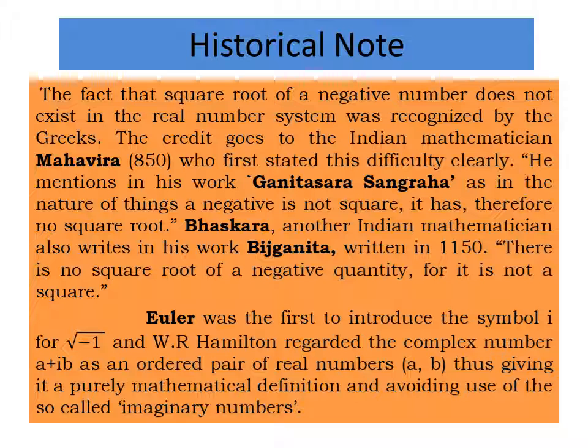Euler was the first mathematician who introduced the symbol i, and the value for this symbol is root of -1.